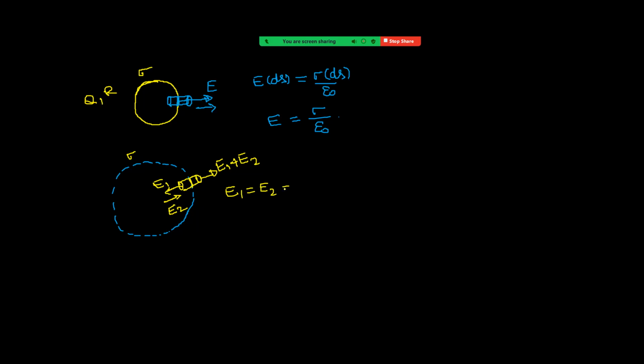Since inside the net value is 0, E1 should be equal to E2, right? And let us take the total outside as E, and the result we got there is sigma by epsilon naught.